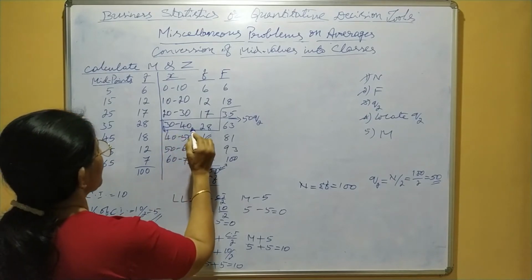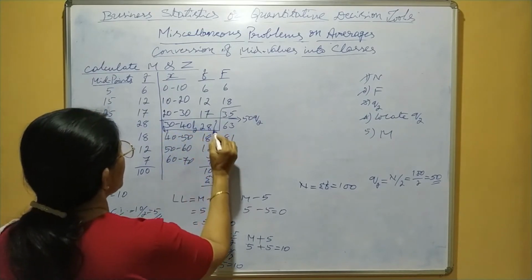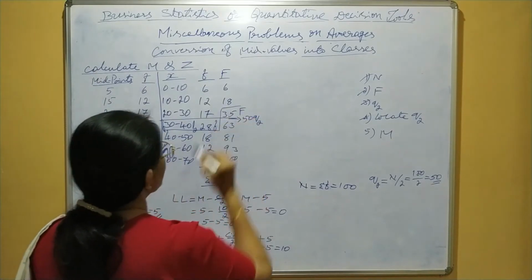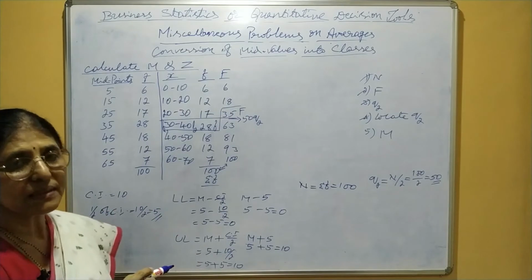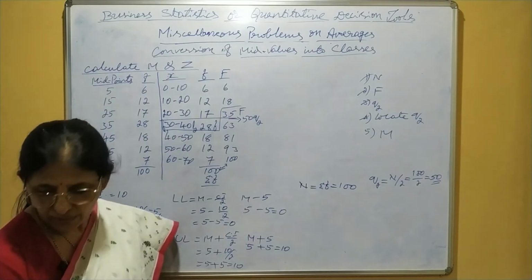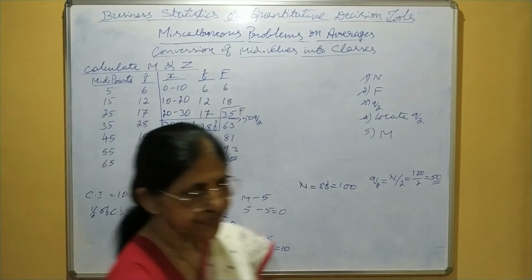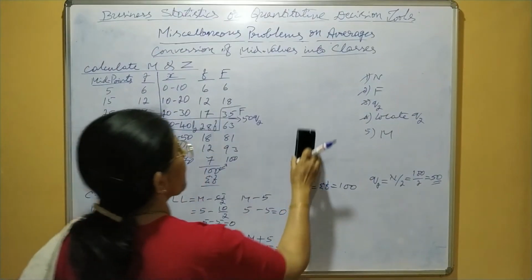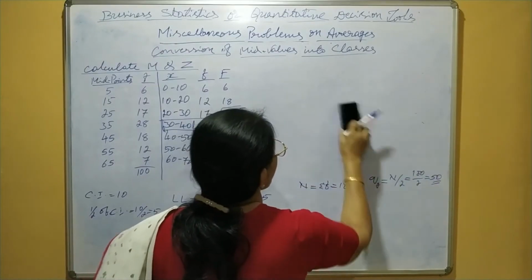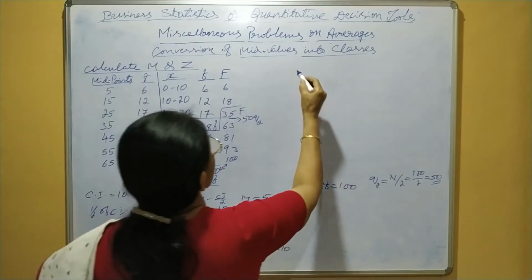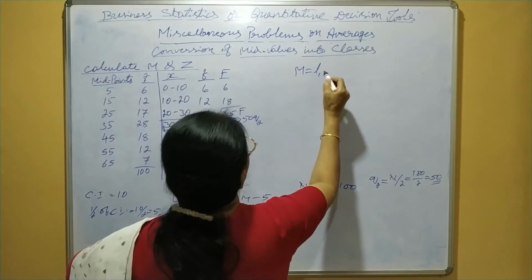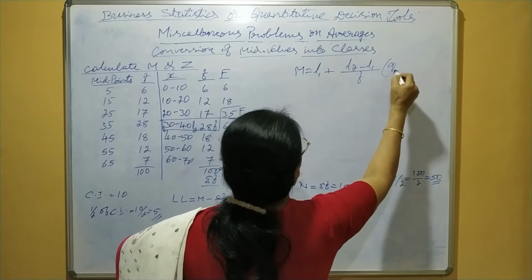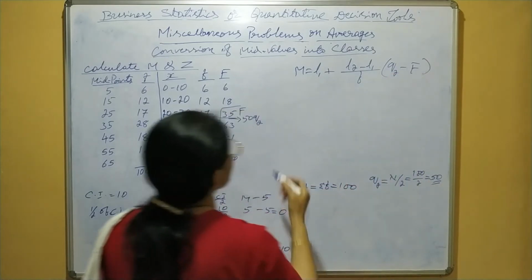Lower limit L1, upper limit L2, then frequency of the median class f, and cumulative frequency of the median class is 35. Now you have to apply the formula. That is, M equals L1 plus (L2 minus L1) divided by f into (Q2 minus capital F).